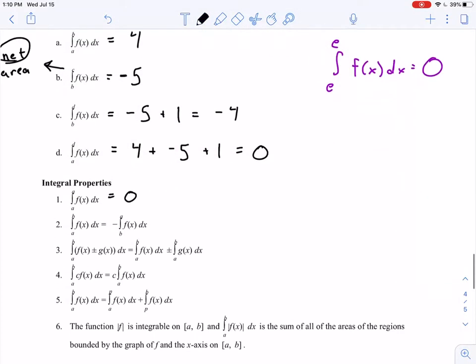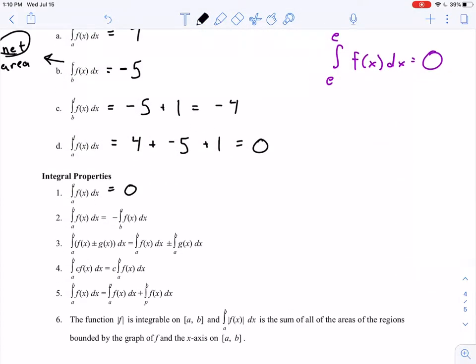Next up, we have the definite integral from a to b of f of x dx. If I wanted to change the limits of integration, if I wanted to take these two and swap them, so now my new lower limit of integration is b, my new upper limit of integration is a, what happens is that integral will change sign.